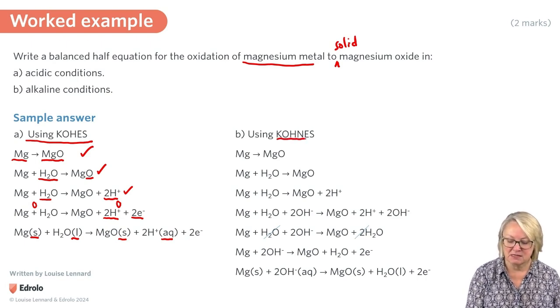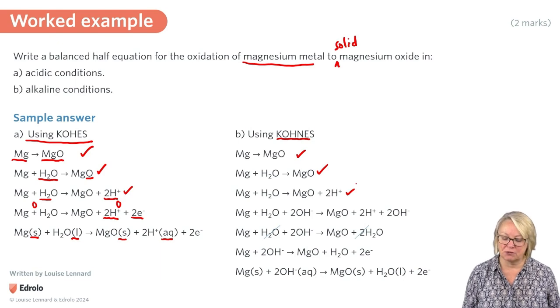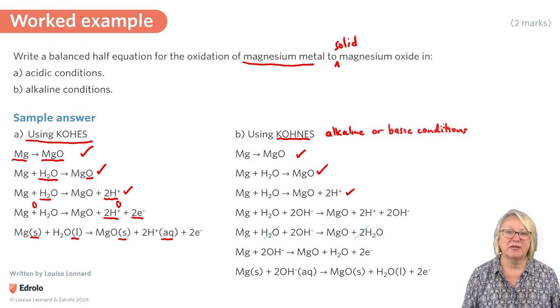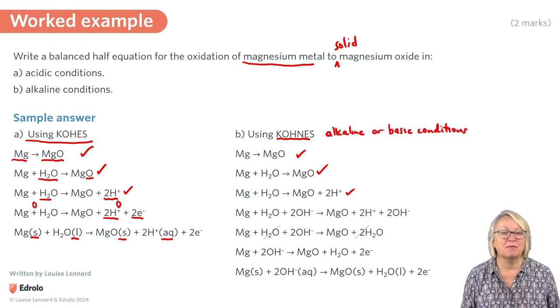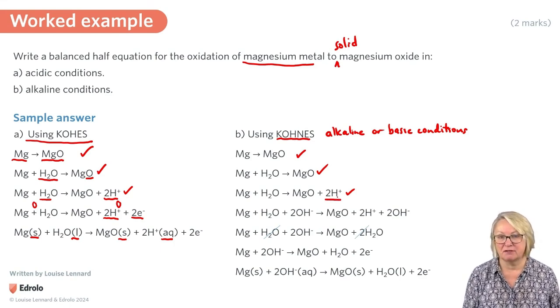Using CONES, we go through the same steps of adding water molecules and protons, but in alkaline or basic conditions, we need to have hydroxide ions. So what we do, we had 2 H+ ions in our equation as we're building it.